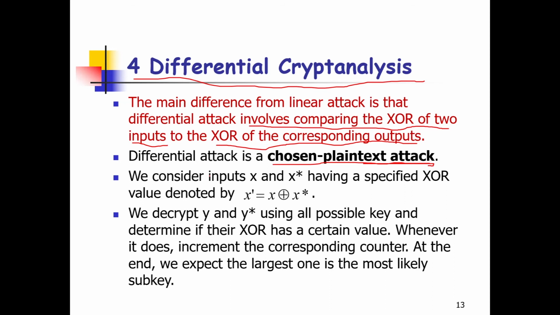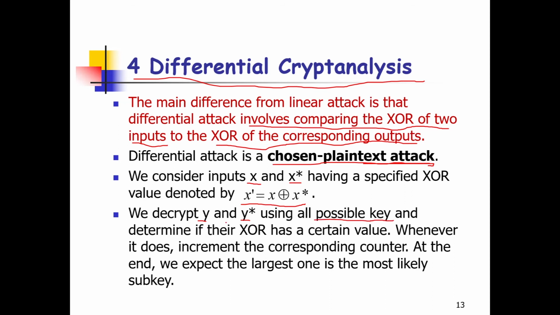So in this we need two inputs, say x and x star, and we have to take the XOR of them. Say x dash is equal to x XOR x star. Now we will generate the decrypted ciphertexts of x and x star, say y and y star, using all the possible keys.